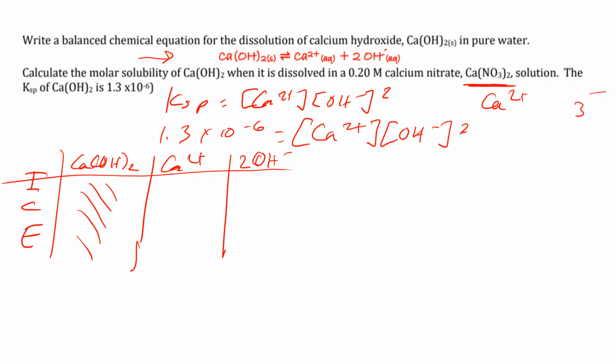So because calcium is 1 mole according to our reaction, we can assume that it's just going to be 0.20 molar. And because there's nothing else dissolved in there, we can assume that there's no dissolving of the calcium hydroxide just yet. So we can actually assume that the hydroxide ions are 0. So that's what we're going to start off with.